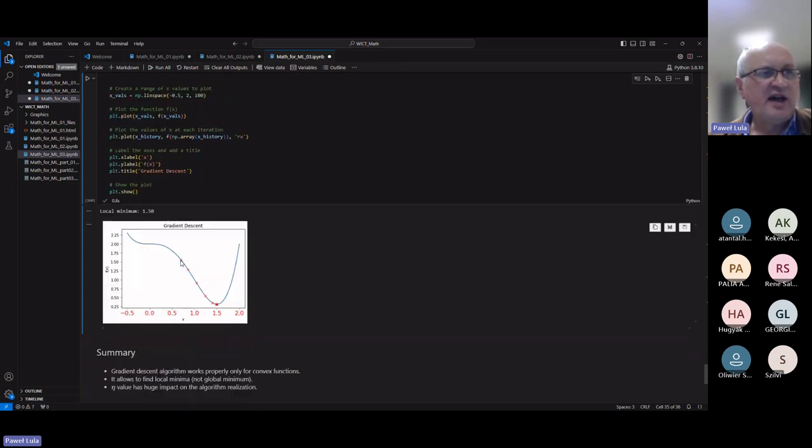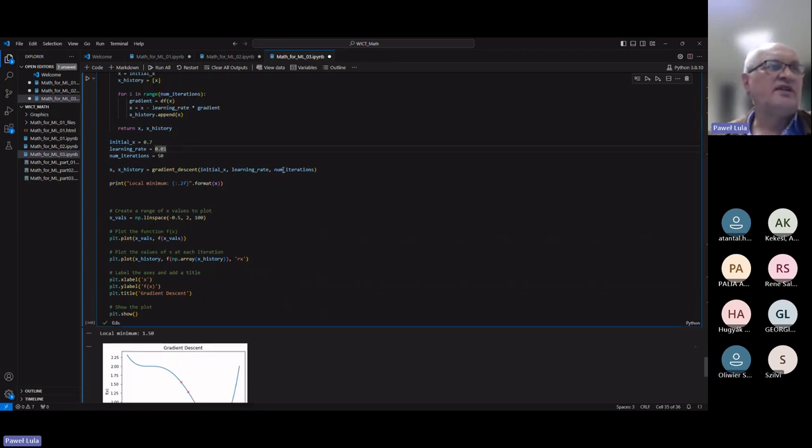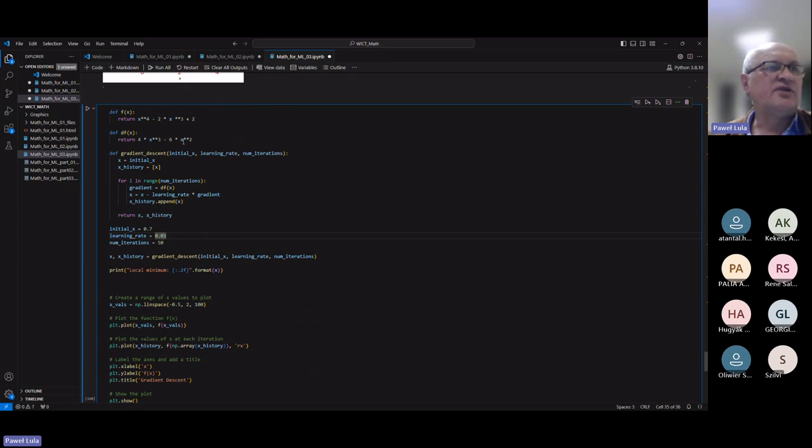Here I used this approach, and after some steps, I reached this minimum value. Everything is okay. Also, I can check if it is possible to find this value when eta is equal to 0.01.